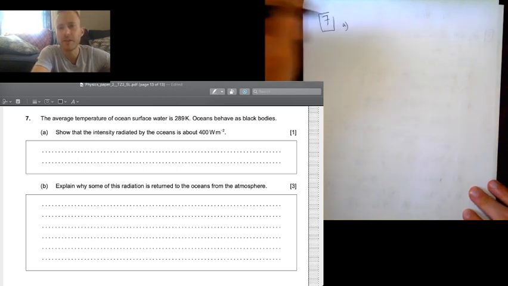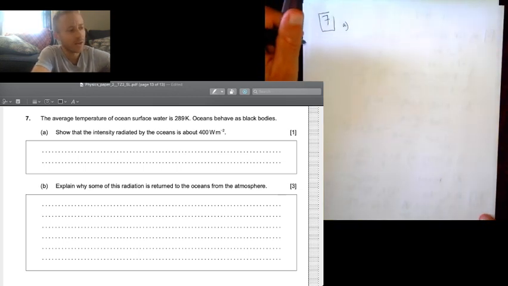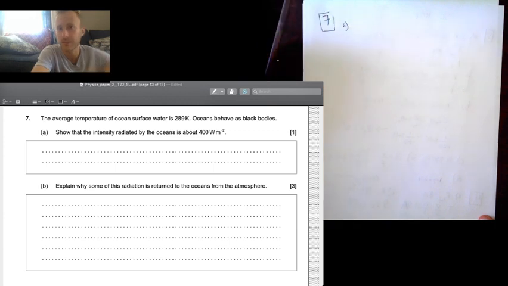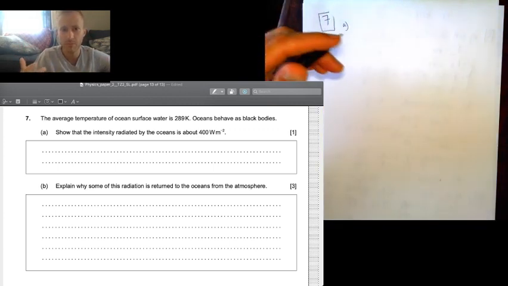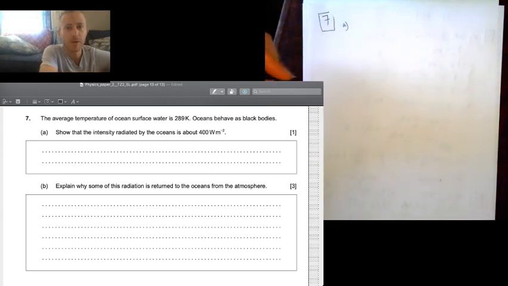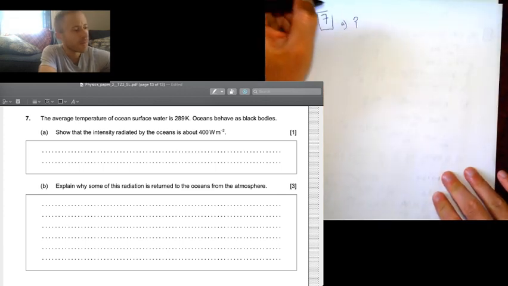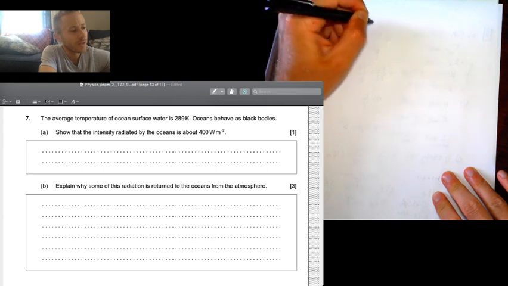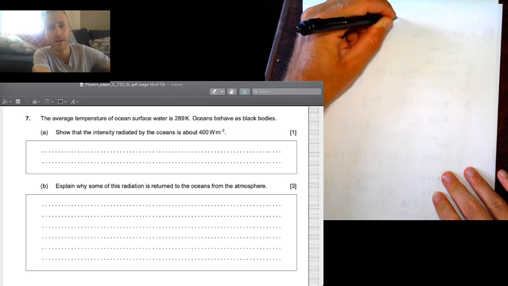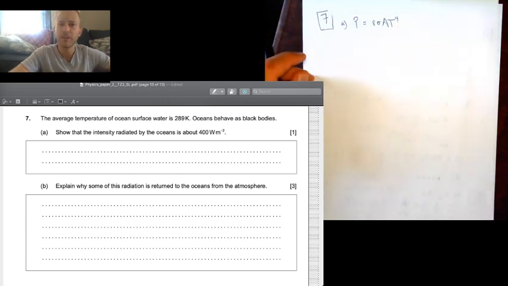So if we look at the Stefan-Boltzmann Law, so this is a climate change problem. The Stefan-Boltzmann Law says that P equals epsilon sigma A T to the 4th. Okay? Now notice how it says the intensity radiated by the ocean is watts per meter squared.